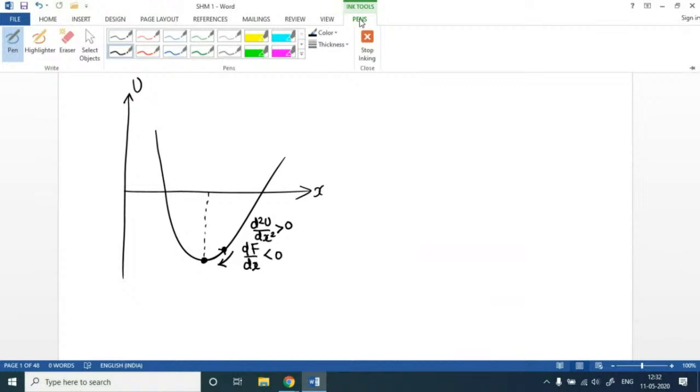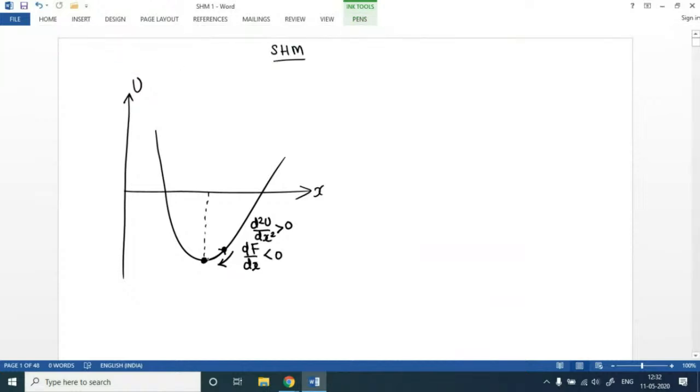But what have we done exactly over here? When we have brought it to this position, we have provided it with some potential energy. So U is, let's say, U naught over here, or delta U is U naught over here. When it gets back to its stable equilibrium position, all this potential energy will get converted into kinetic energy. So when it comes over here, it will have some kinetic energy.